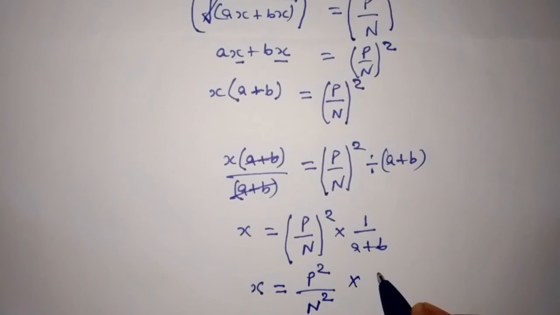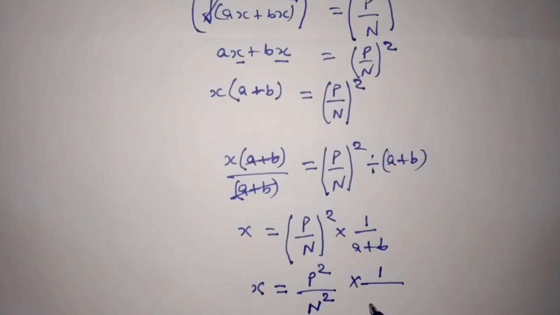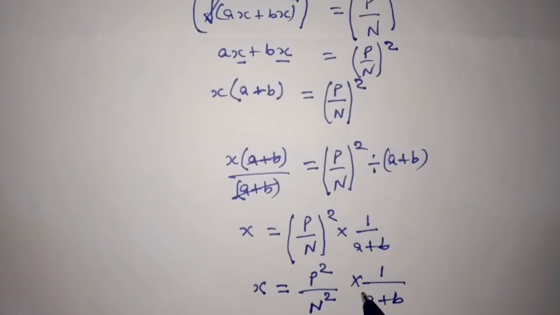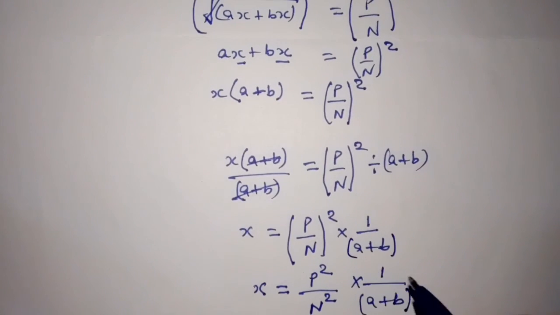We multiply by 1 over a plus b, then we can say that x is equal to p squared over n squared times a plus b.